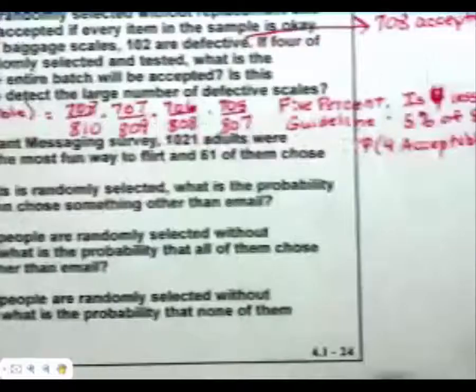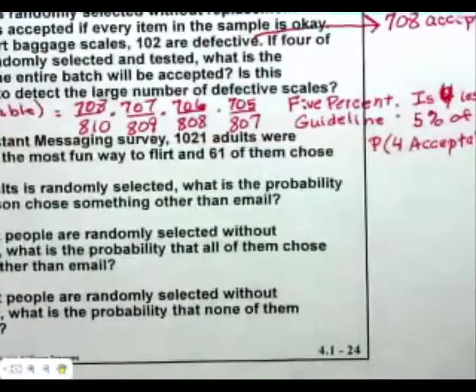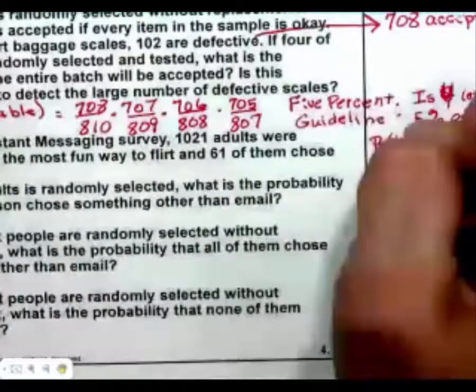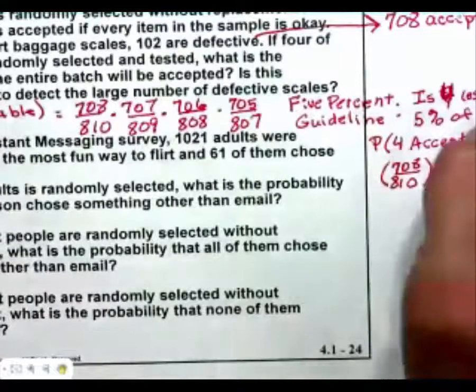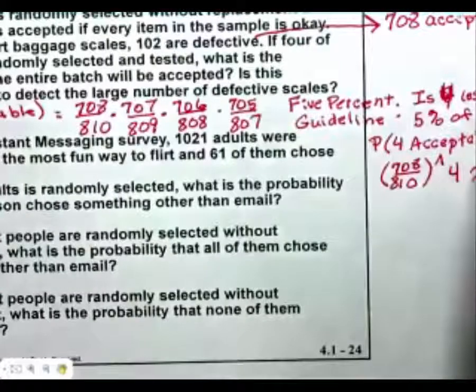708 over 810. If you use the 5% guideline, you just multiply that times itself 4 times, or even easier on the calculator, 708 divided by 810 to the 4th power. That's much easier to enter on the calculator.